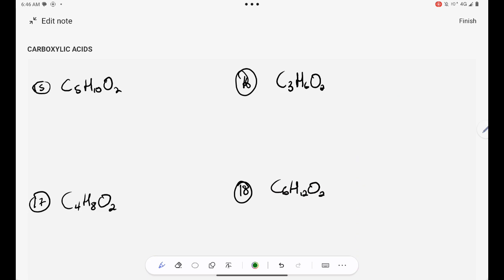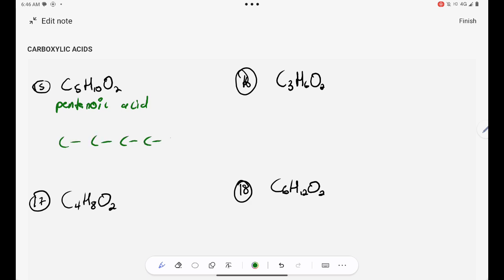Okay, if ever I'm given a molecular formula, I'm told that this is a carboxylic acid, I don't necessarily need to draw this, because I know that a carboxylic acid that has 5 carbons on its parent chain would simply be pentanoic acid. But if you're not sure, you can draw your 5 carbons, and then at carbon number 5 you'll simply have a double bond O with your hydrogens.